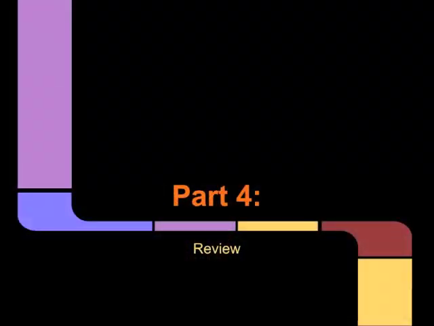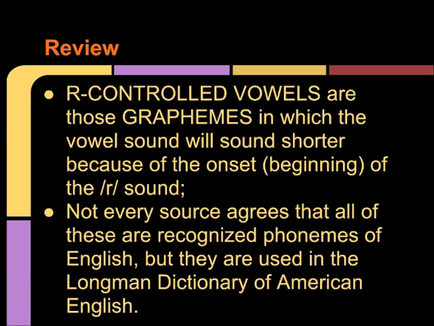Part 4. Review. R-controlled vowels are those graphemes in which the vowel sound will sound shorter because of the onset or beginning of the sound. Not every source agrees that all of these are recognized phonemes of English, but they are used in the Longman Dictionary of American English.